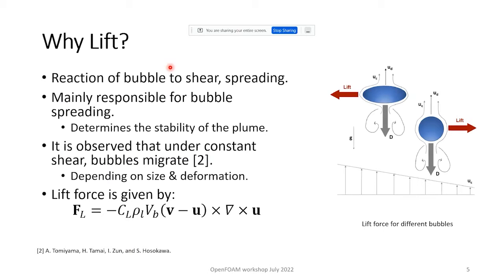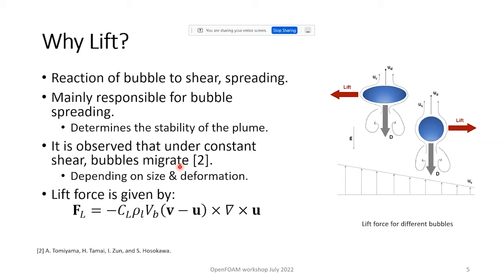It's usually responsible for bubble spreading, and bubble spreading in turn determines the stability of the plume. Some papers observed that depending on the size of the bubble, we can have different lift.